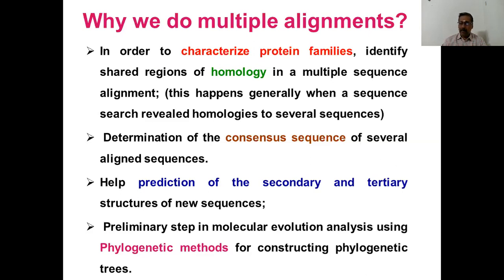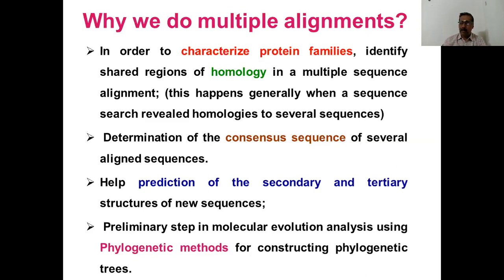So one application is to characterize protein families. The second application is you want to find consensus sequences, consensus characters, conserved characters. How to find conserved characters? Conserved characters can be found only with the help of multiple sequence alignment. For example, you have clustered 5 sequences.